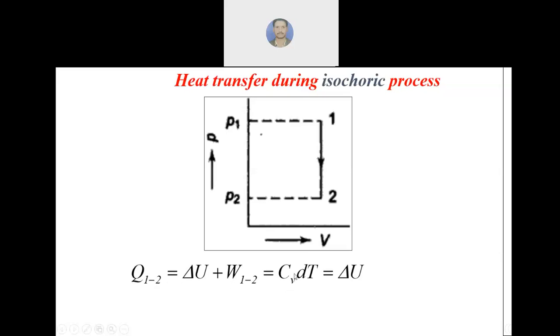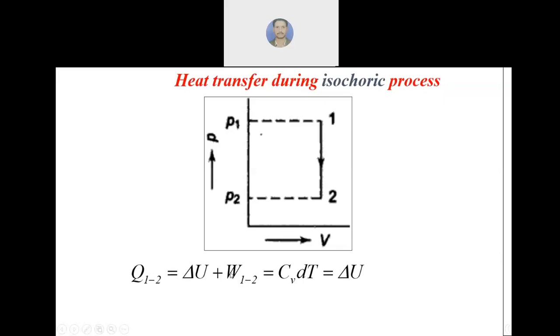Here we are taking per unit mass, so we have neglected m. You can take m also, no problem. If you remove m, meaning dividing by m, then it will be joule per kg.